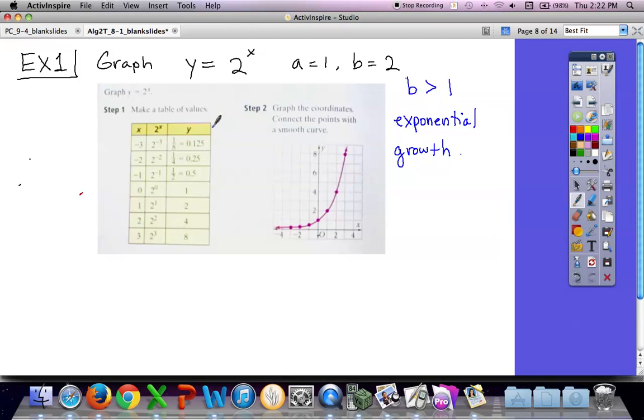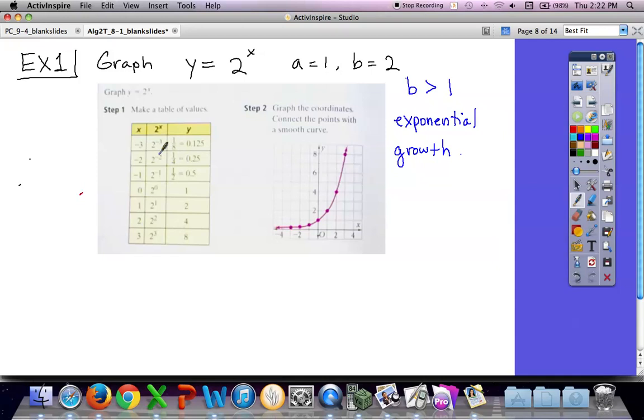Is there any value of x that I could plug in to make this function equal 0? No. I can make it get really, really small, but I can never make it equal 0. So this graph is going to come really close to the x-axis, but it will never touch the x-axis, because that's where y equals 0, and there's no way to make this equal 0.